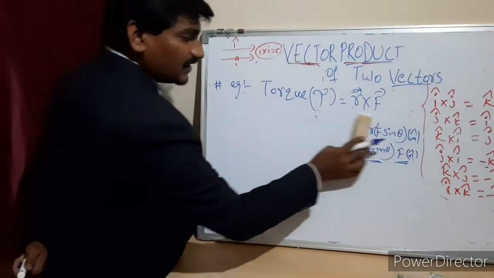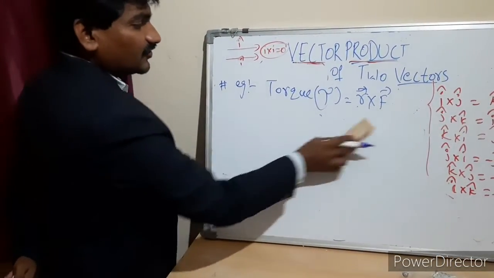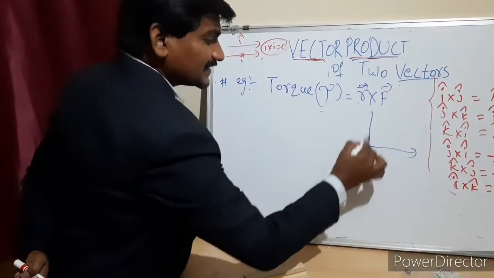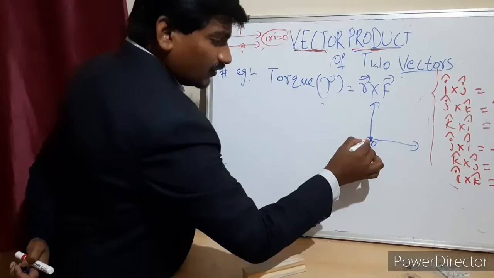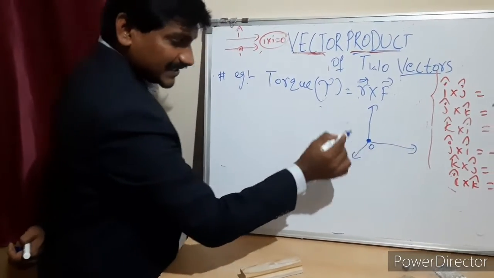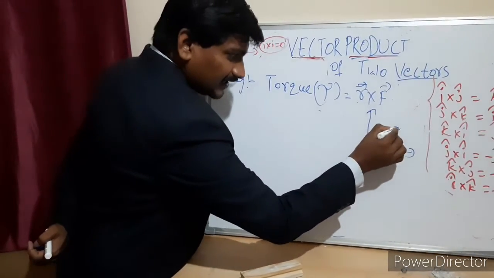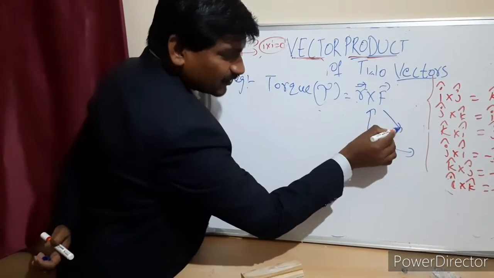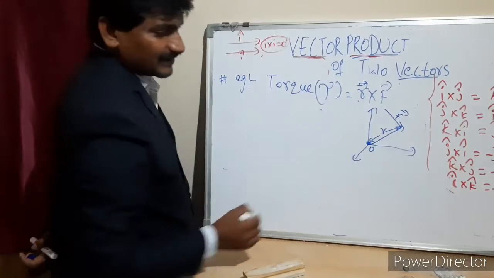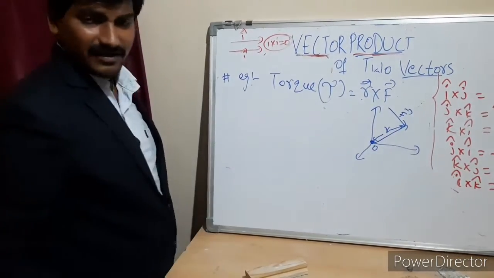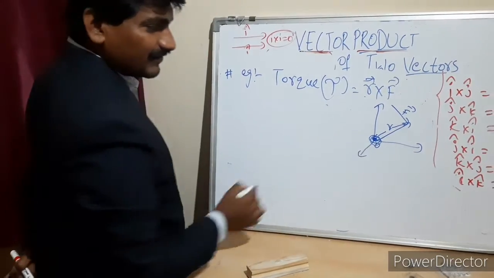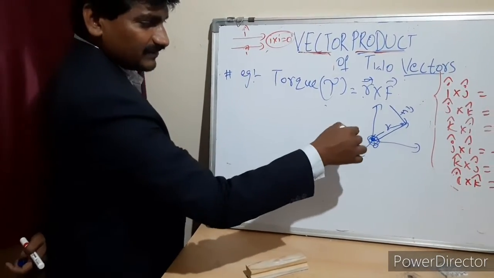Okay, on this basis, one numerical. Let us say torque: if this is a coordinate axis, from the origin O, the action of force takes place here at perpendicular distance r. At this position the force is exerted. Force and this are perpendicular, and the action is taking place here in rotatory motion.